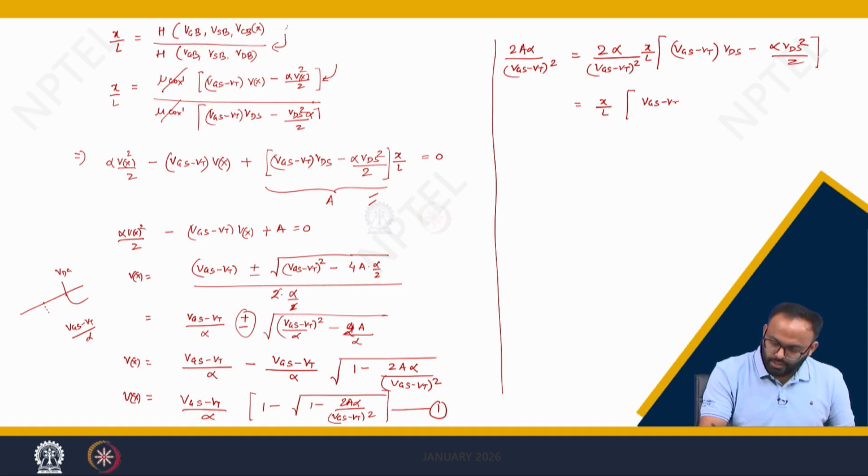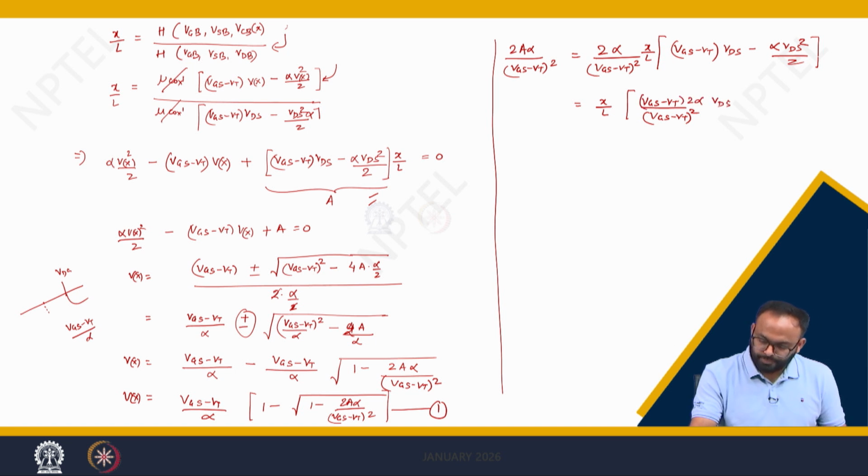(Vgs minus Vt) divided by (Vgs minus Vt) whole square into 2 alpha into Vds minus alpha square 2 into Vds square divided by 2 into (Vgs minus Vt) whole square.